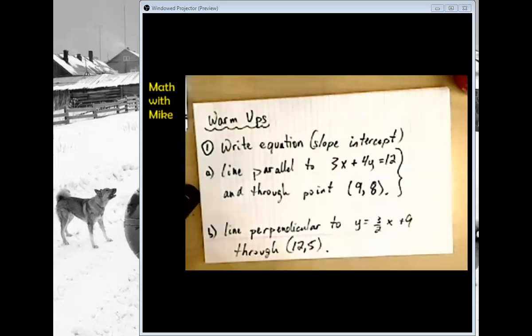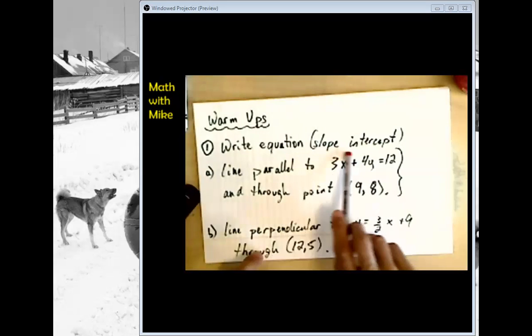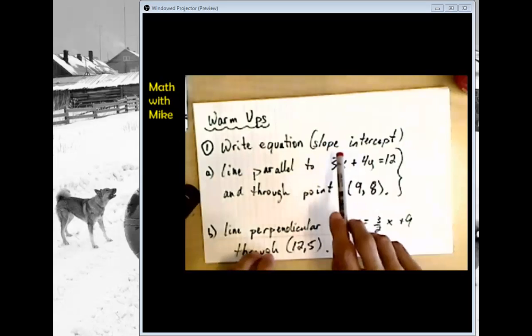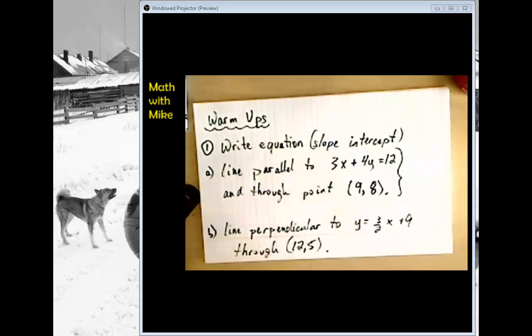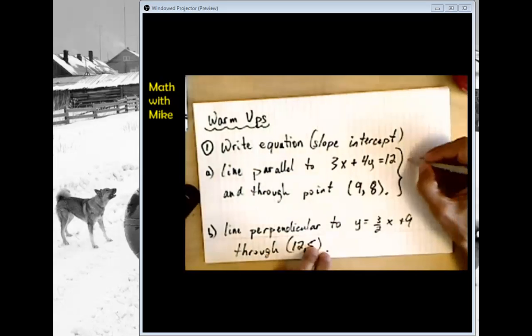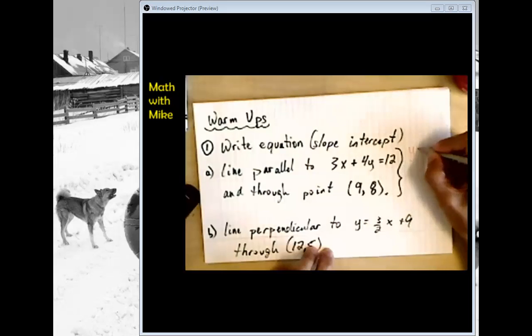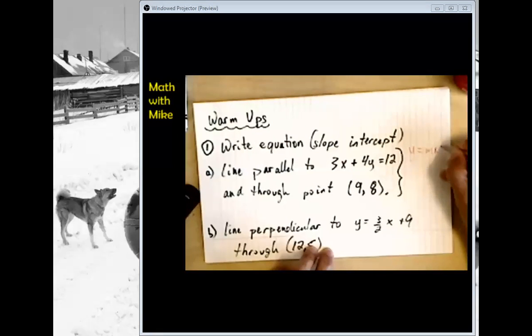Let's take a look at this. Slope-intercept. What does that style of equation look like? That's right. So y is equal to mx plus b.